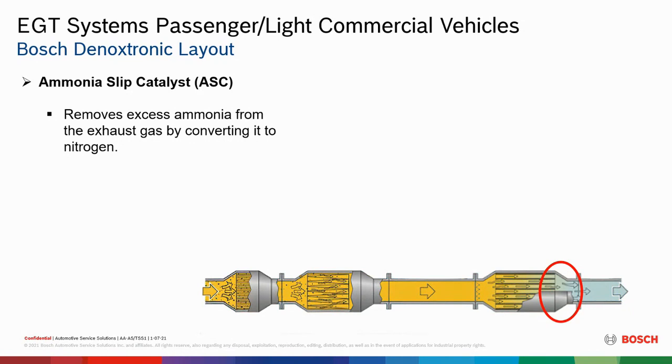Well, when you get to the top of the hill, you lift your foot off the throttle. So now the inverse happens with this thing. We're going to be dosing heavy. We're going to have a lot of that DEF fluid with the ammonia going through there that's not going to be utilized. Guess what's going out the tailpipe? Before the ammonia slip catalyst was put in there, we had an excess amount of ammonia.